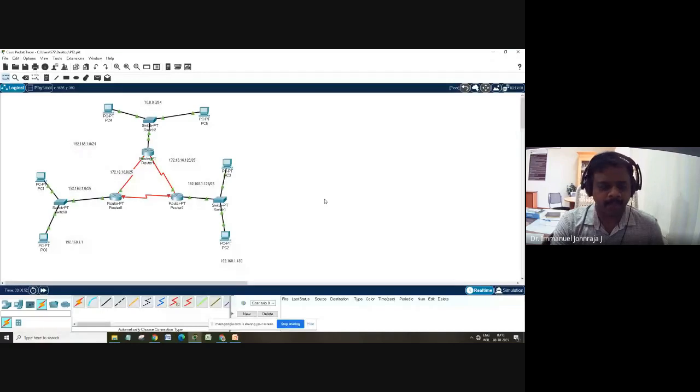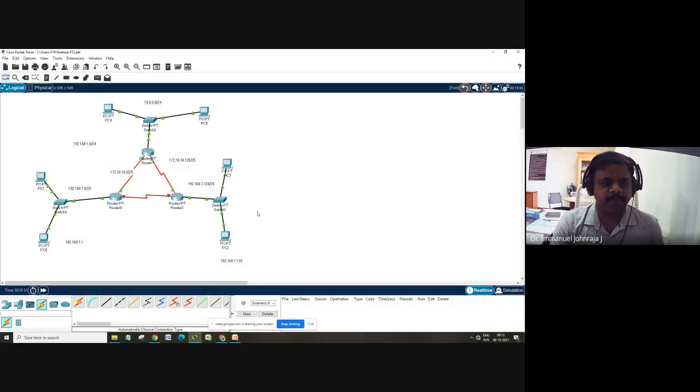The Packet Tracer has come up. Just hold on. I share the screen. I hope my screen is visible, but I'm not going to use it to explain today. I have a PPT to make.